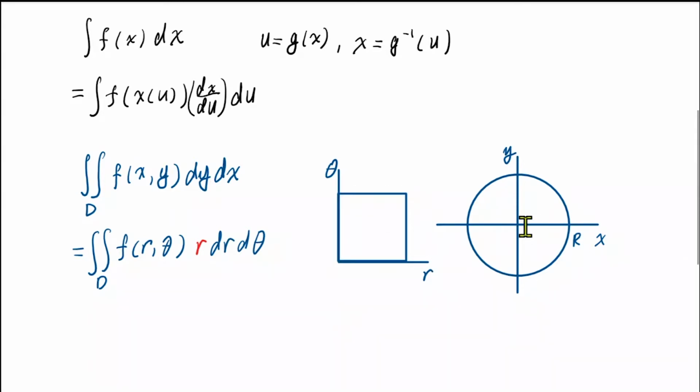Because r increases from 0 to r and theta increases from 0 to 2 pi. Are we good? And then, of course, we're missing r, right? That r. Because if you calculate this area, it does not become this. You know what I'm saying? So if this is capital R here, that length, I'm going to put it like this.